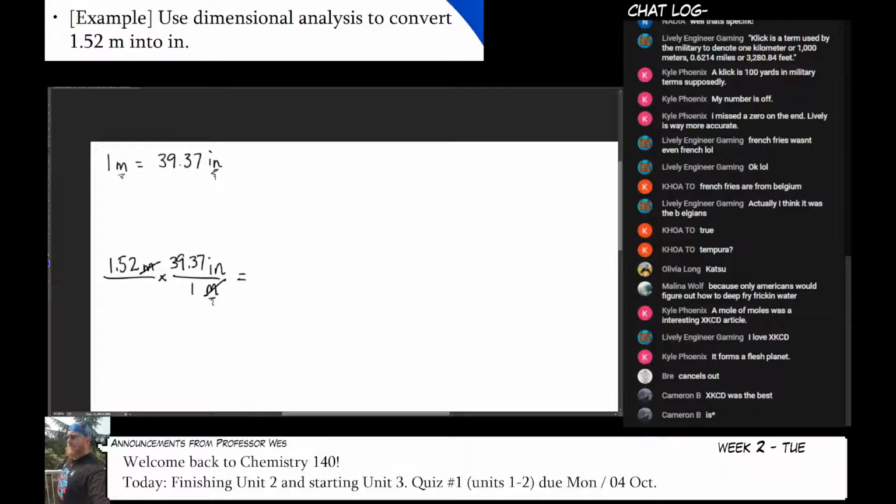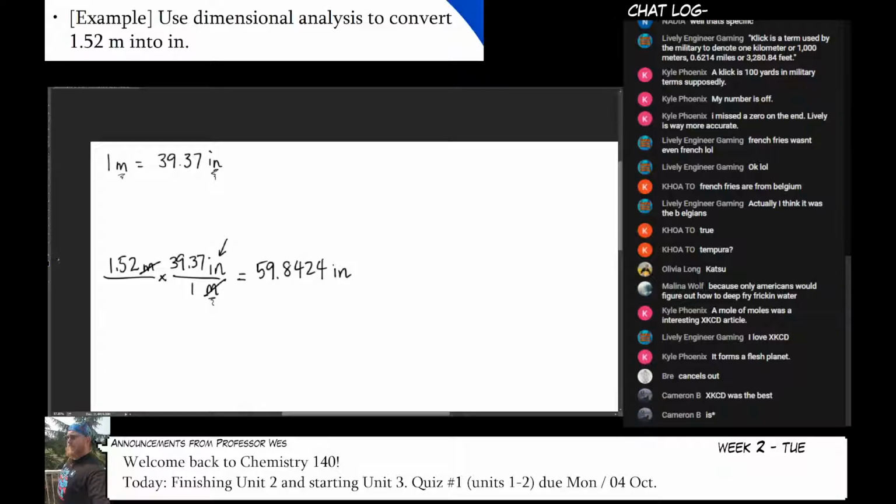So let's type out all that in our calculator. And the number that my calculator spits out, we'll write down the whole thing this time: 59.8424. And then we also have to write out the units that were left over. And there you go. There's your answer.